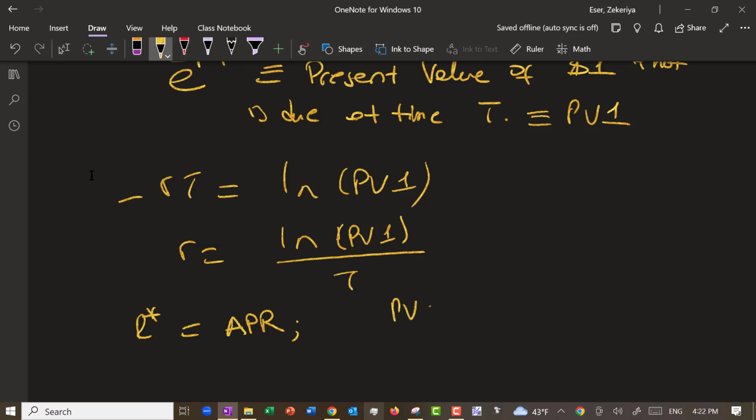Then present value of $1 is 1 over (1 plus r) to the t, something like that.